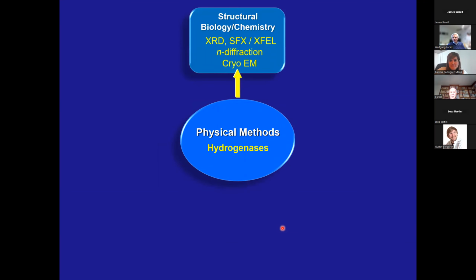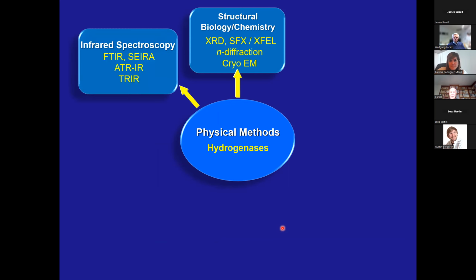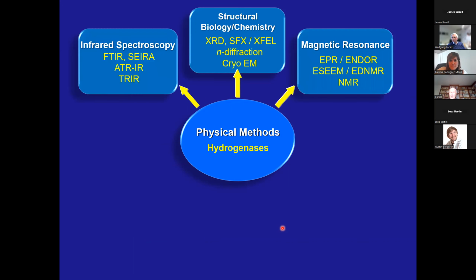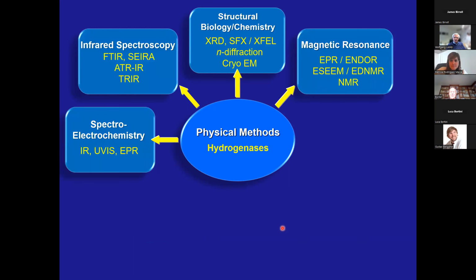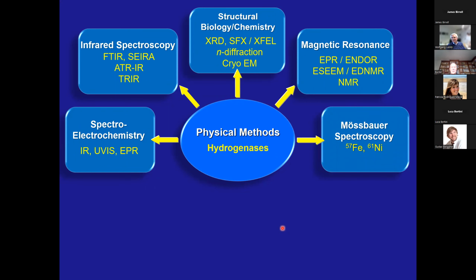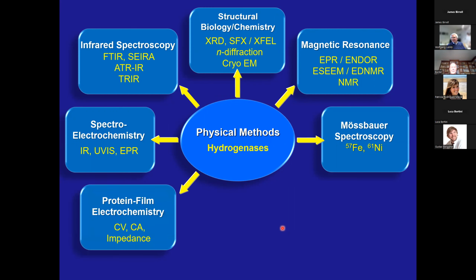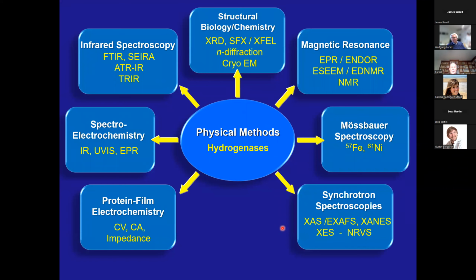There are first of all the structural biology, structural chemistry methods like X-ray diffraction, neutron diffraction, cryo-EM, also NMR, infrared spectroscopy with all its variants, magnetic resonance, I will talk about that today, spectroelectrochemistry detected via infrared, optical techniques, or also EPR, Mössbauer spectroscopy, mainly iron-57, but also nickel-61, as you know, protein film electrochemistry, synchrotron spectroscopies, in particular the nuclear resonance vibrational spectroscopy, and so on.